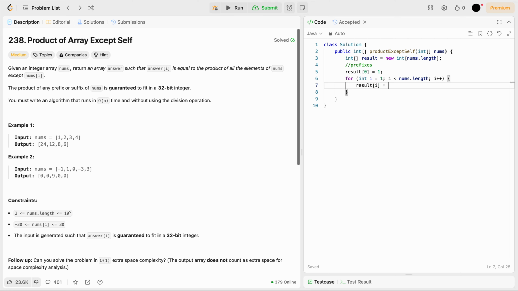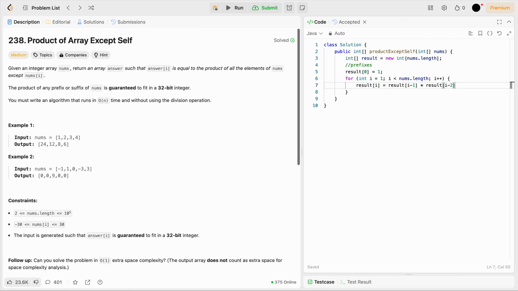I is going to be I minus 1 times I minus 2. So we are just multiplying the previous two values.